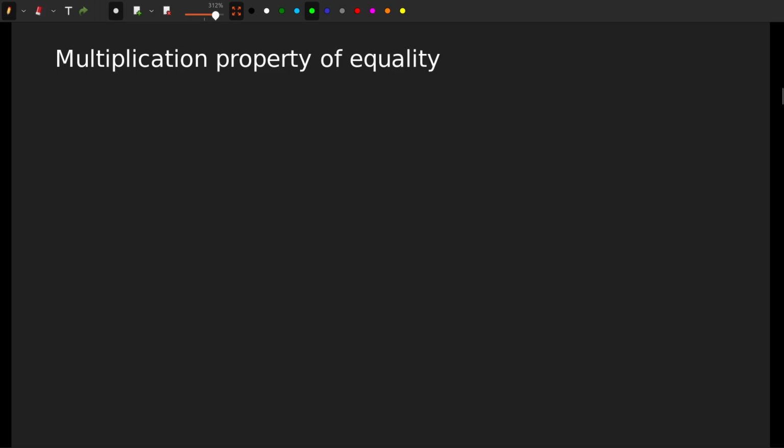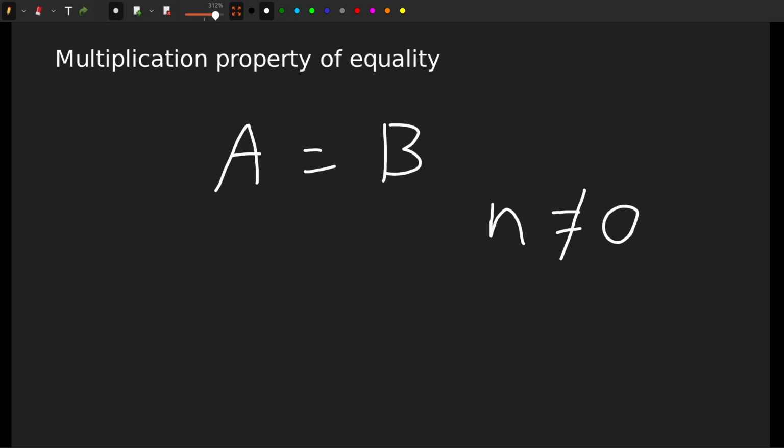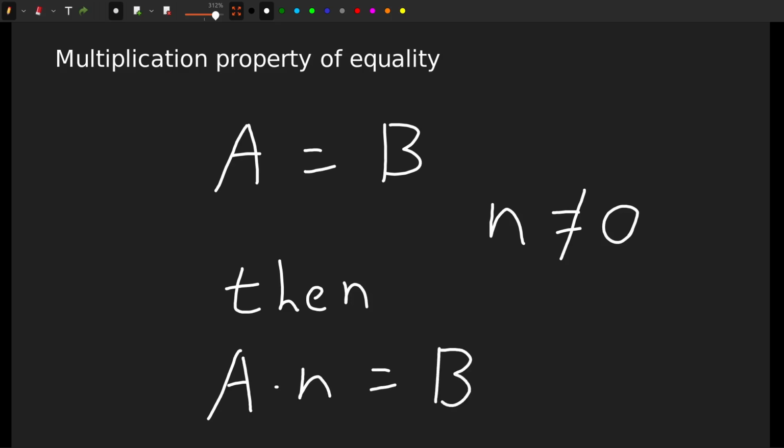The property says that suppose we have two numbers, a is equal to b. If we have some number n that is not equal to 0, then a times n is equal to b times n.